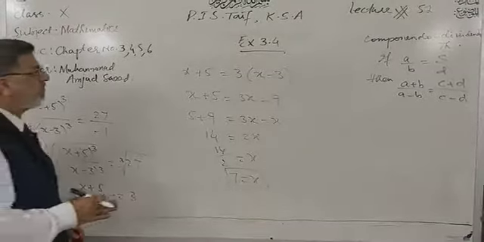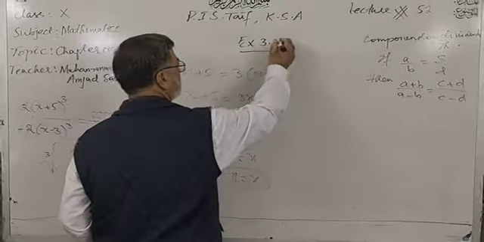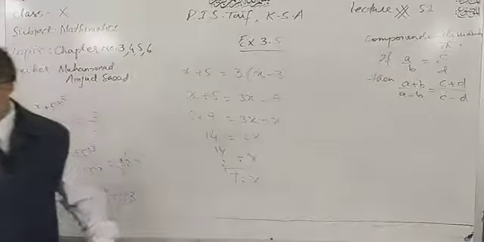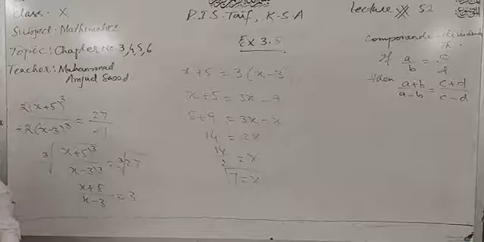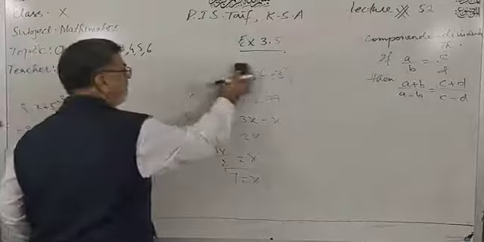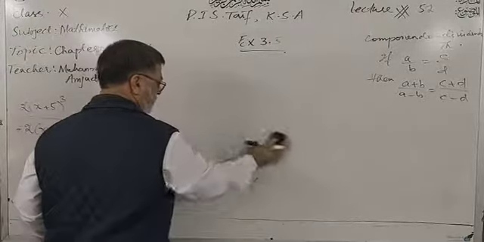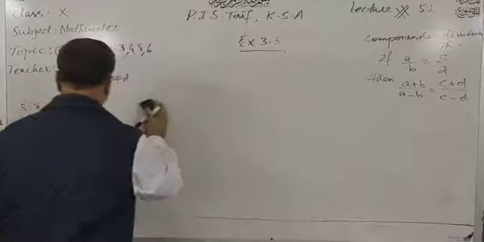exercise 3.5. Two questions are added, question number 3 and question number 5. I will choose one of them. They are exactly similar.